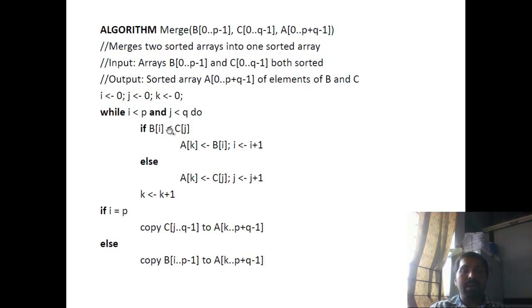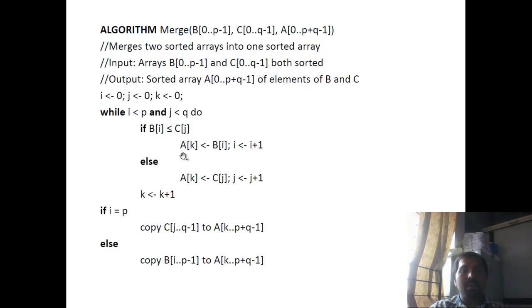Then we copy B of I to the main array: A of K equals B of I, where initially K is 0. Then we increase I by 1 because we copied the element from B. Else, if the condition fails, we copy the element from the C array and increase the J position. After copying the element from B or C, we need to increase the position of K, so K equals K plus 1.